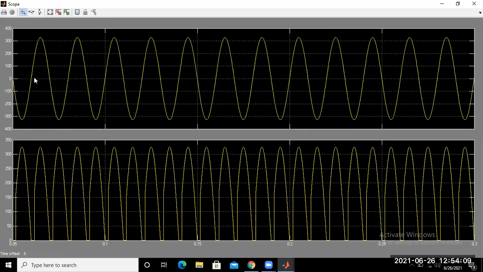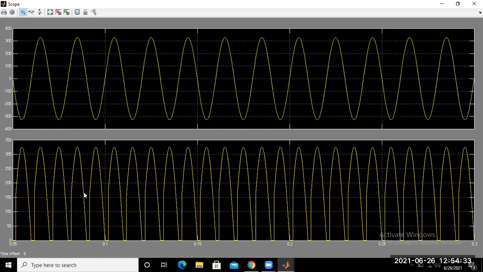So this is the input voltage waveform variation, that is sinusoidal, and this is the output voltage waveform. That means at the delay angle alpha, which we consider here 30 degree, we obtain the output voltage waveform.